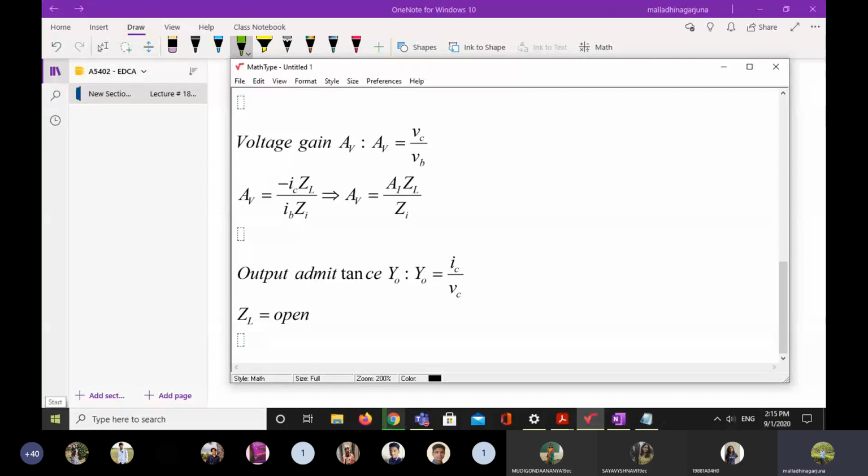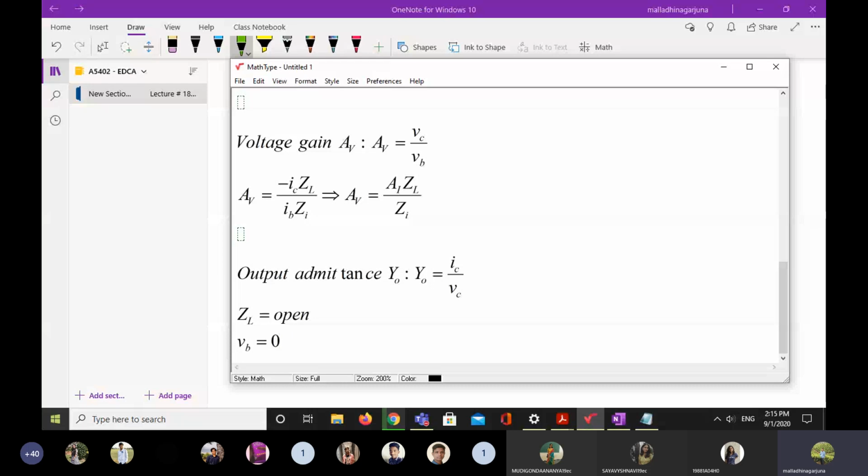And one more thing is VS, that is, VS should be kept constant, like 0. Input source should be 0. Why? Because if you keep on increasing or decreasing, if you keep on changing the input signal, automatically it will influence your output parameter.